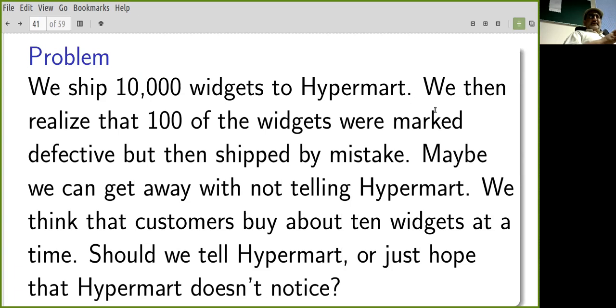But 10,000 widgets are being sold. Some guy gets one widget that's defective out of 10, maybe. Once in a while that happens. Yeah, maybe we can get away with it. Maybe Hypermart won't notice.